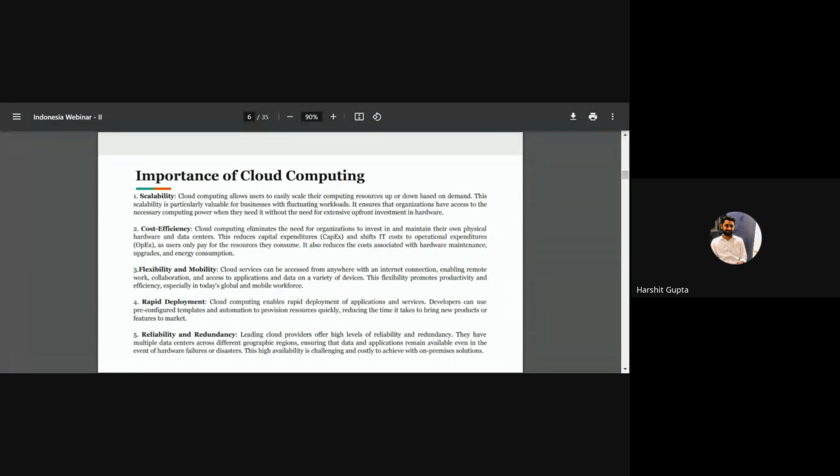So nowadays, whenever we want some kind of cloud application, we simply go for the Google services or the Amazon services, and we just take those services.